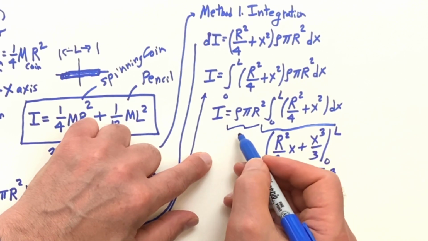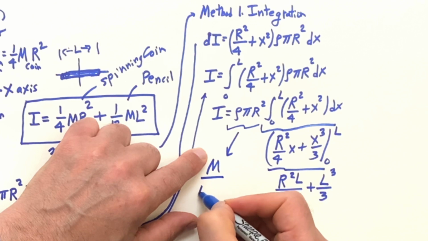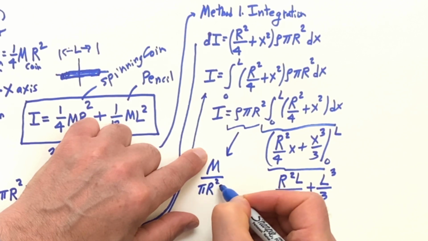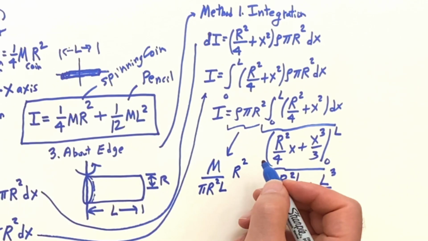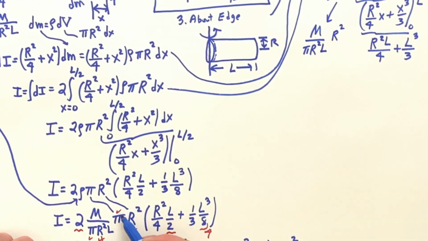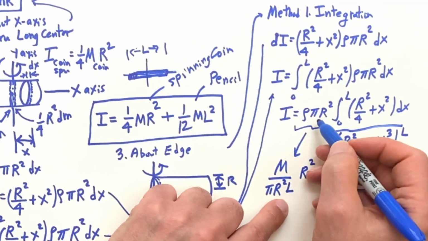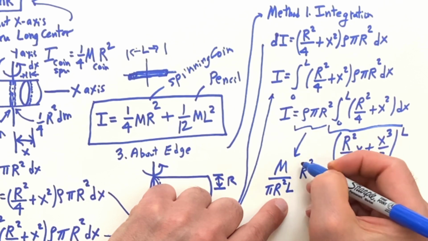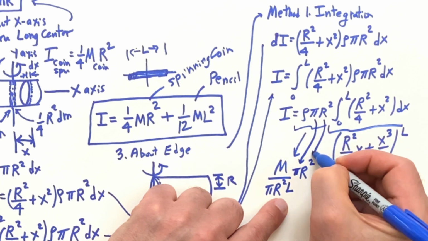And then here, the rho is the total mass over the total volume, which is pi r squared L, and there's r squared. The same thing that we did already down in here when we had the mass over the volume, m over pi r squared L. And then here we're going to have the pi. This pi comes there, and this r squared comes there.